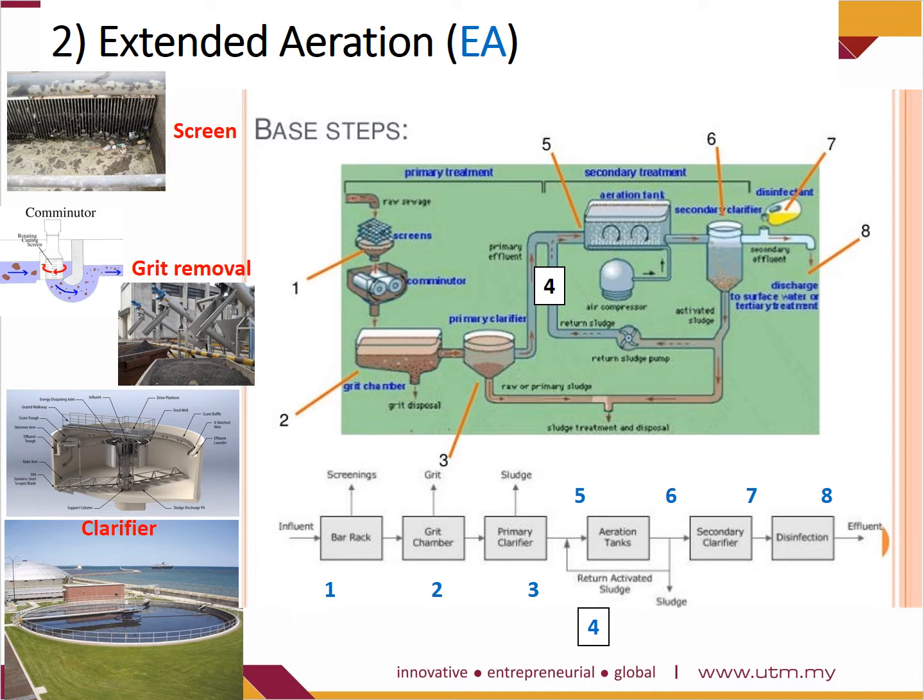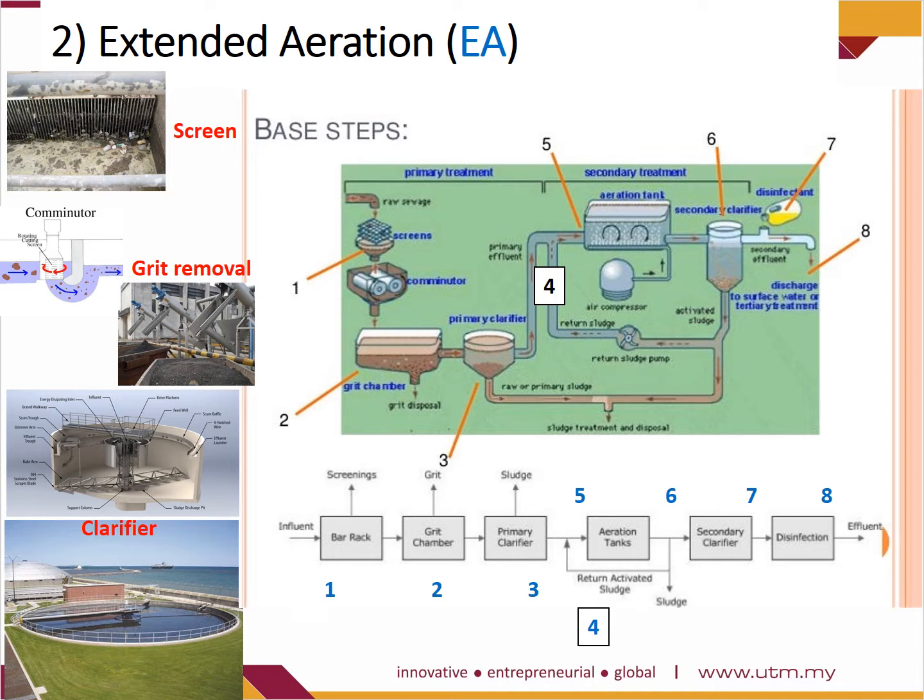For grit removal, you can see the grit, those small pieces of sand and stones. So comminutor is to break any larger stone into smaller sand pieces for easier discharge. So this is very standard screen to grit.